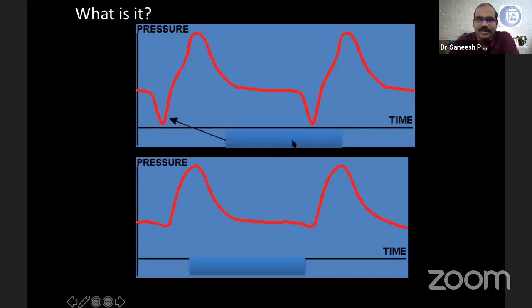Okay. So these are some simple scenarios. Look at this pressure versus time scalar, and can you identify what is wrong here? What do you pick up from this part?